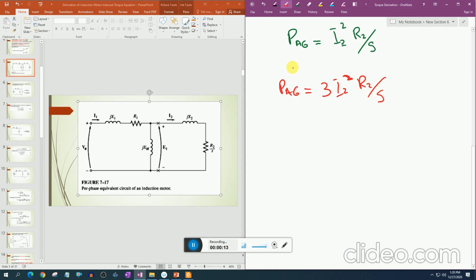Torque induced can be calculated if P of air gap is calculated, and P of air gap can be calculated if I2 is calculated. In order to calculate the I2 in this equivalent circuit, the Thevenin theorem is used.